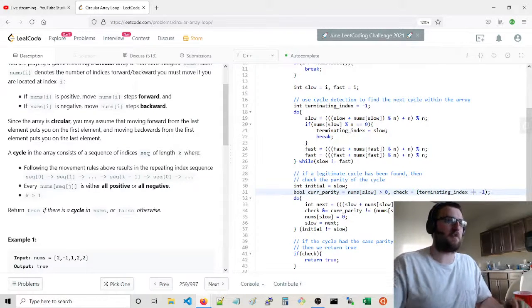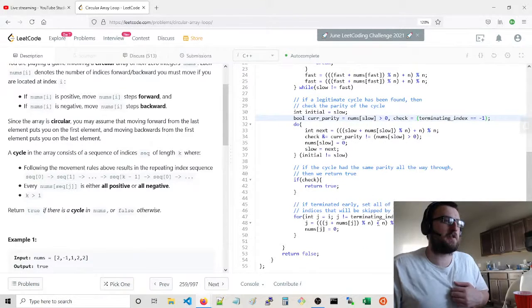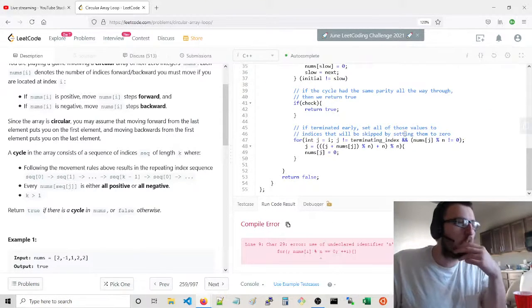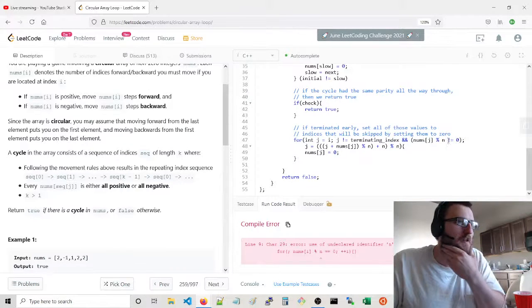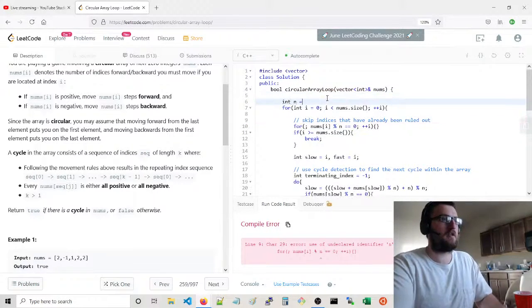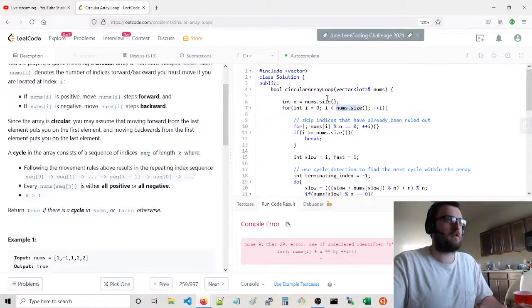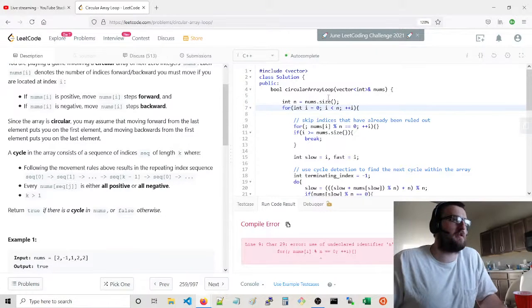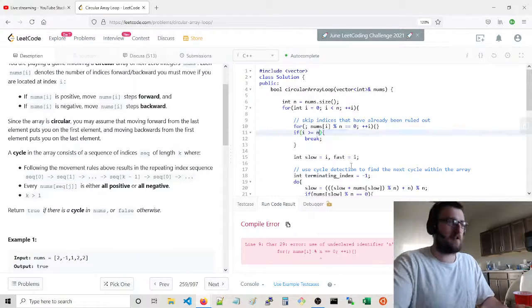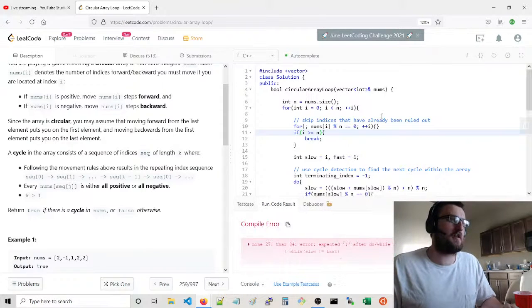Or it should be equal to -1, or it starts off true. So that's one more problem. Undeclared identifier n. Oh, did it not? Probably should use n there now. Something like this.